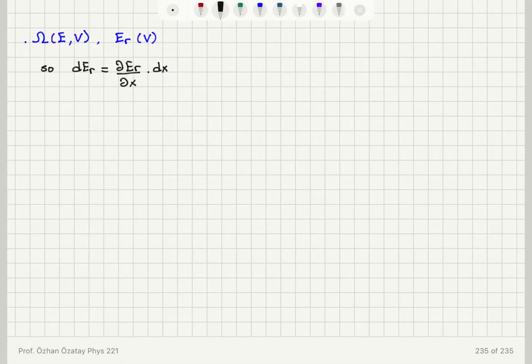So that means the quantum numbers are fixed. I'm going to call this the variation of the rth energy level with the external parameter x, capital X sub r. So it's capital X sub r dx. So capital X sub r is defined as the variation of the rth energy level with the external parameter x. So let's keep this definition for the rest of our discussion.